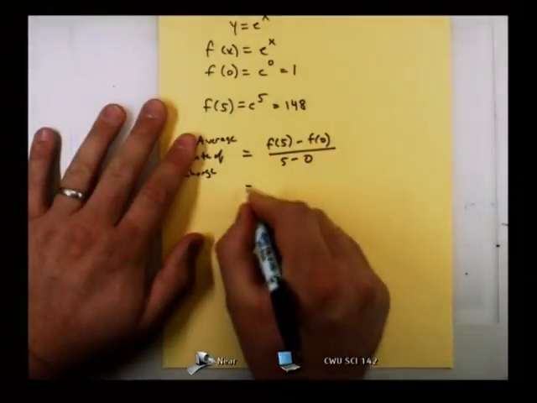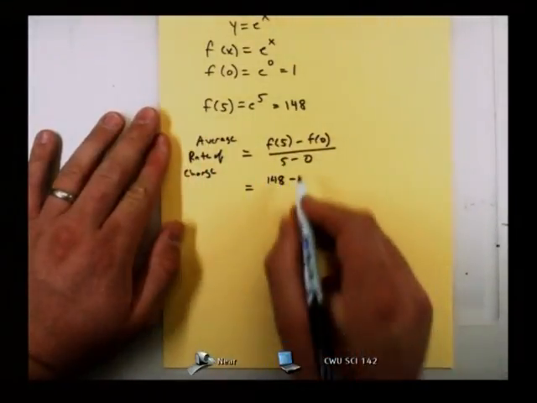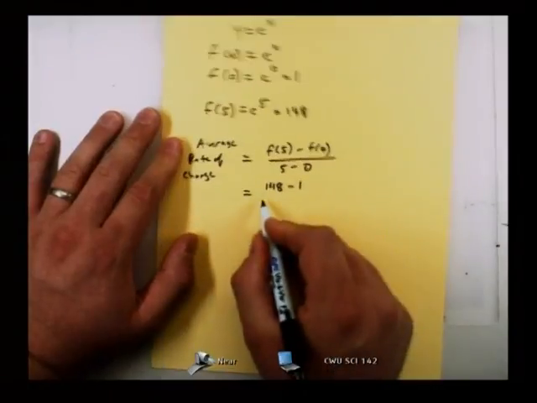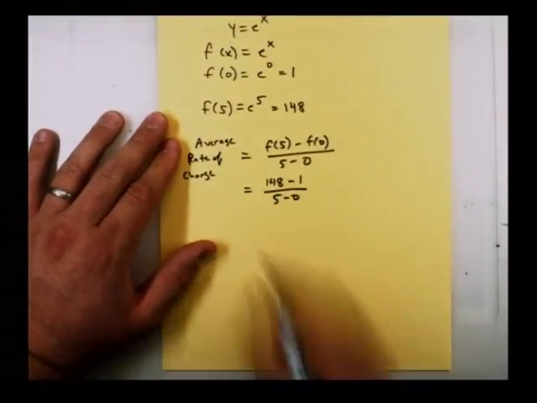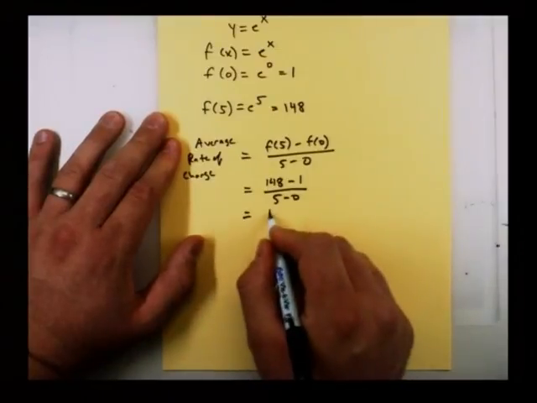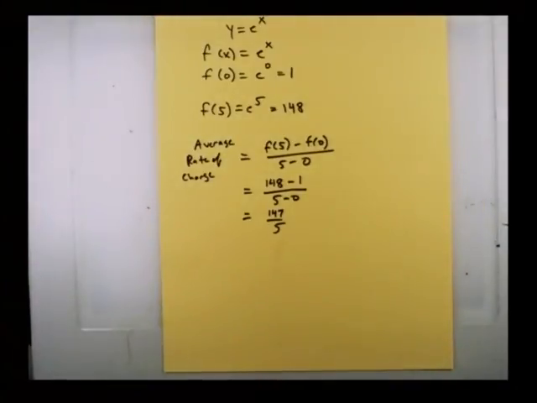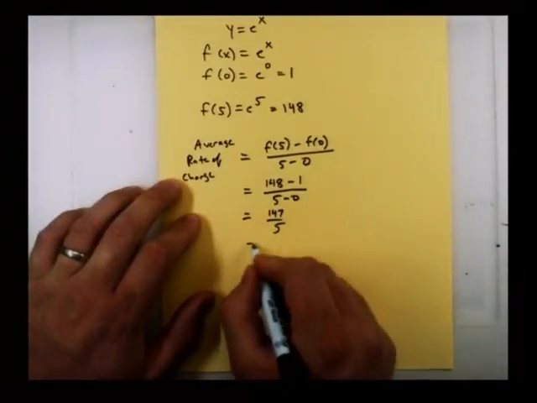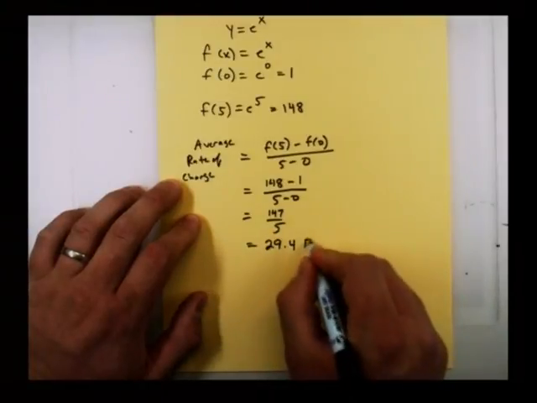We found that f of 5 was 148. f of 0 was 1, over 5 minus 0. 147 over 5. Which is approximately, nope, exactly 29.4 bacteria per second.